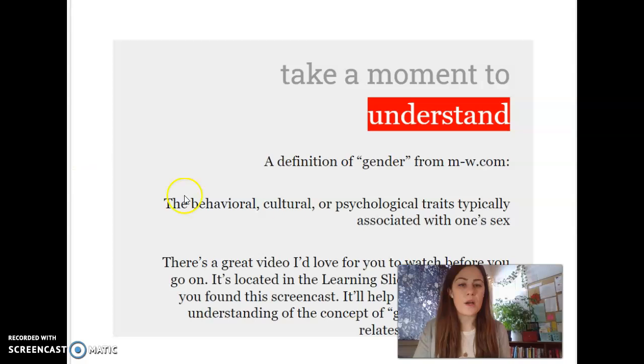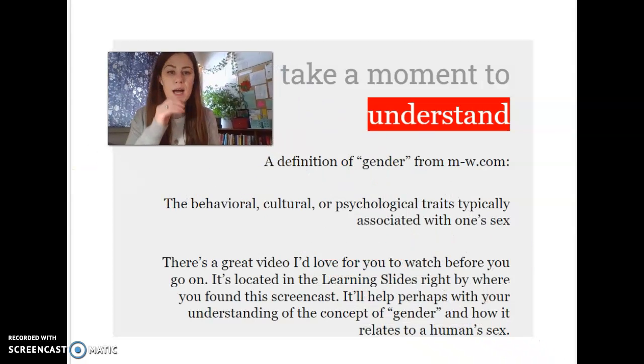The definition of gender from Merriam-Webster.com, and there are several definitions, but the one that pertains specifically to this is the behavioral, cultural, or psychological traits typically associated with one's biological sex, which is male, female, and obviously we can go into much further conversation. That is a beautiful conversation, and I'm constantly understanding even more about the difference between gender and sex.